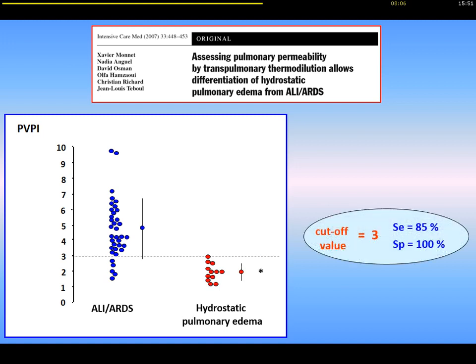And this is a study we did with Xavier Monet in our unit some years ago. We studied patients with ARDS, and at that time we also had patients with acute lung injury, but now we can say ARDS, and patients with hydrostatic pulmonary edema. We found that a PVPI value of 3 can well distinguish between these two categories of lung edema with a good sensitivity and an excellent specificity.